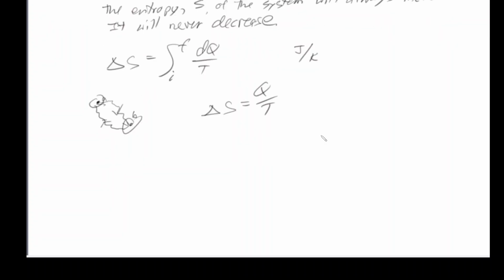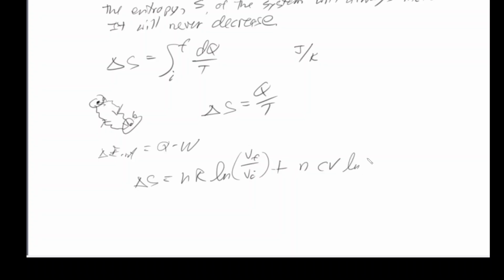Now, if we go back to the first law of thermodynamics, which says that the change in internal energy is equal to Q minus W, we can derive the following: the change in entropy is equal to nR times the natural log of V final over V initial, plus nCv times the natural log of T final over T initial.